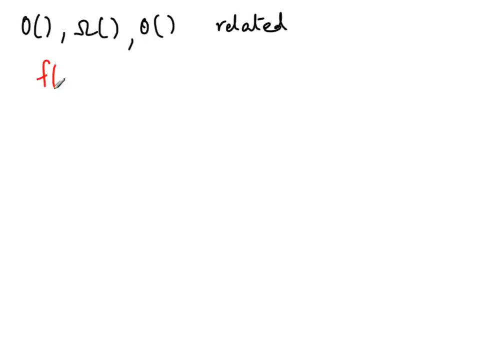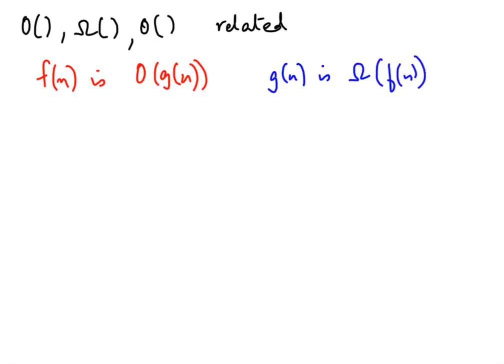So one thing to realize is that big O, omega, and theta are all related. For instance, suppose we know that f of n is big O of g of n, then we claim that in fact g of n is omega of f of n. Why is this? Well, the definition says that there is a constant n0 and a constant c such that f of n is less than or equal to c times g of n for n greater than or equal to n0.